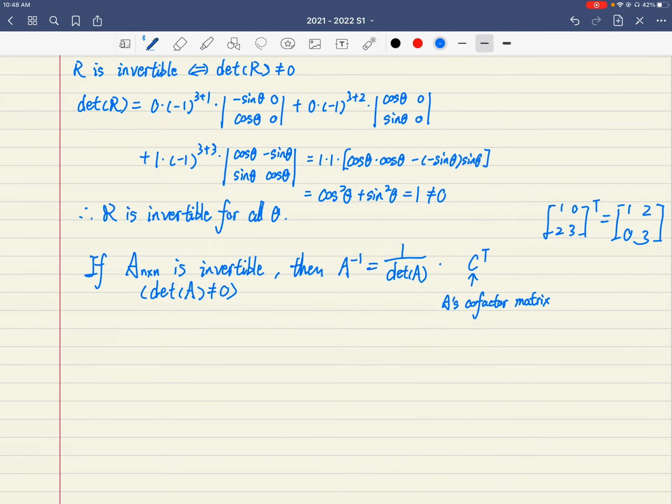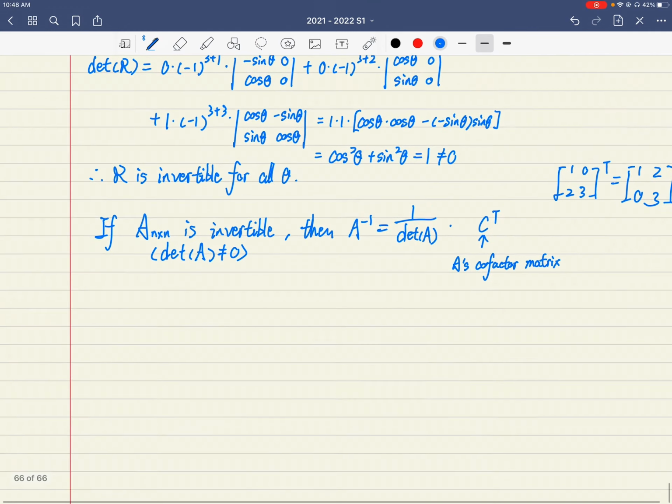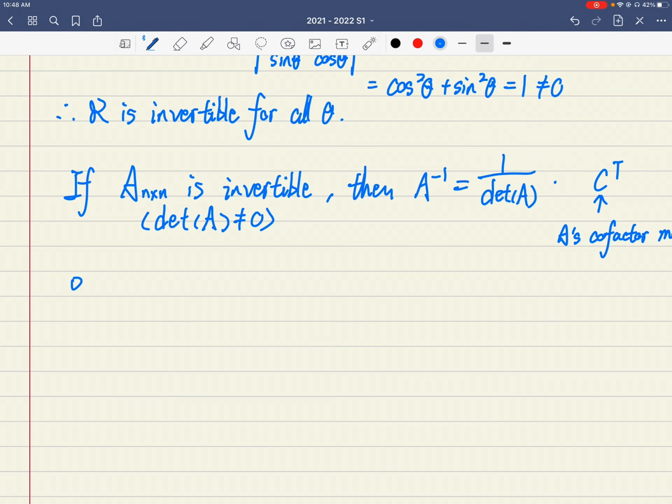So this is a general formula. In this case, we need to get R's cofactor matrix first.